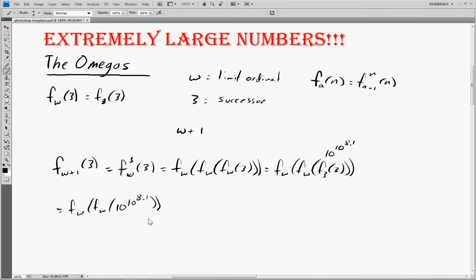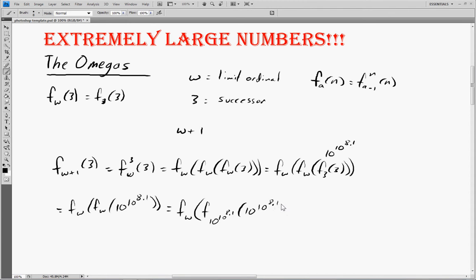Now, what happens here is pretty interesting because we've finally transcended anything that we could do before. We can diagonalize this, and we're basically taking the nth element of the fundamental sequence again, but this time n is this huge number here. So we're going to take this and plug this into the subscript of f. So we end up getting f sub omega of f, and then putting this in the subscript of this.